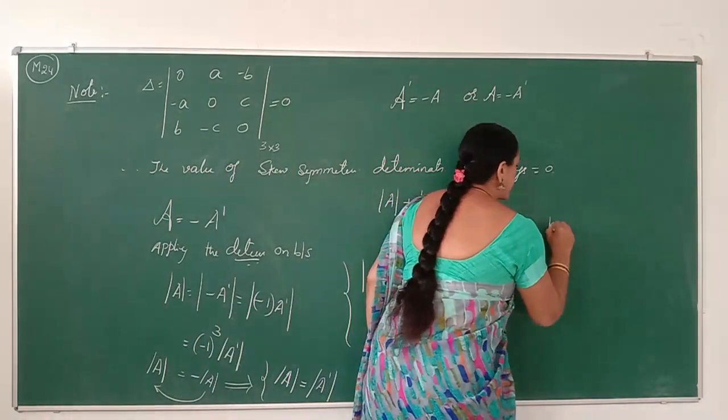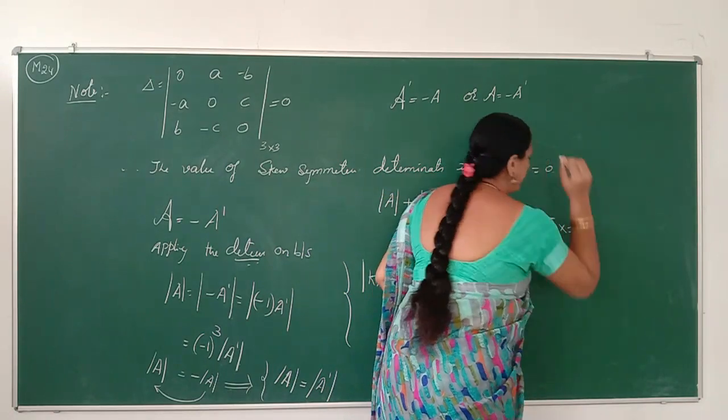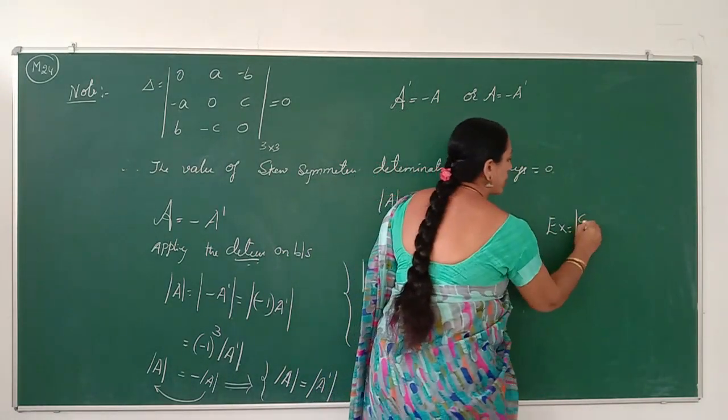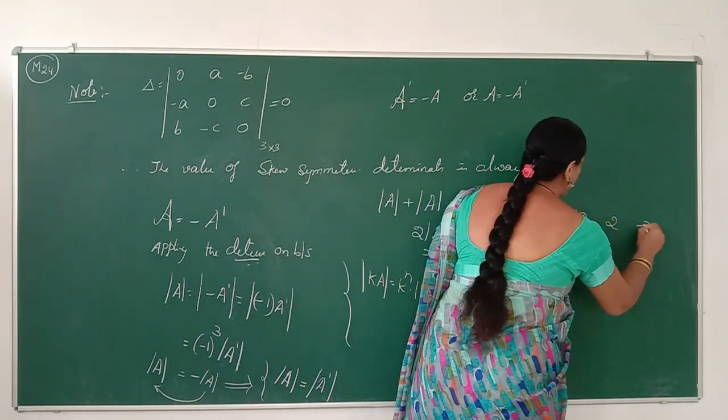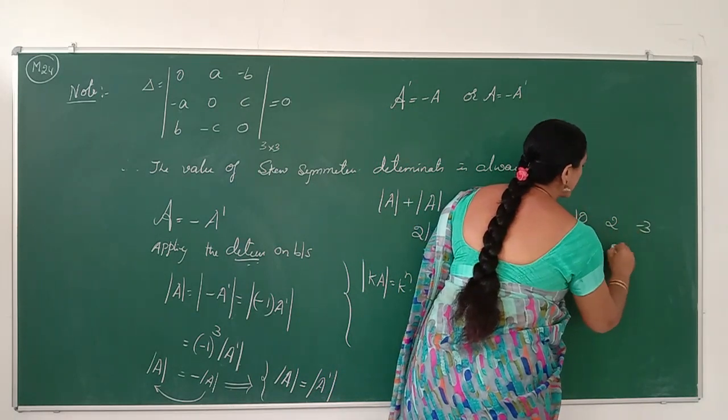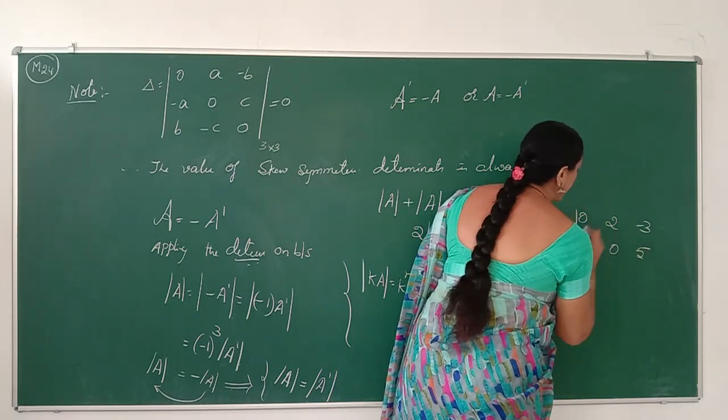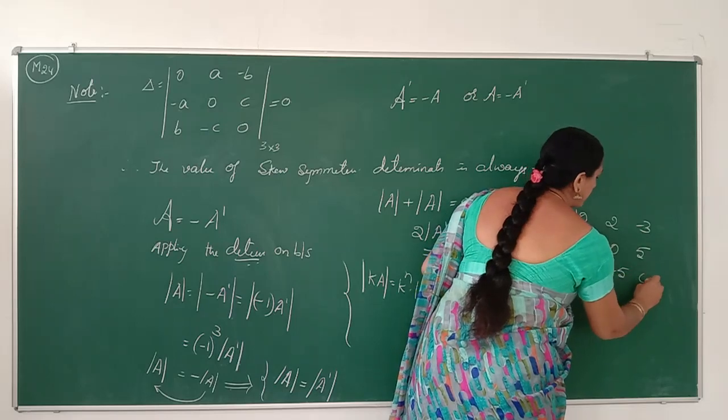Now an example for the determinant: 0, 2, minus 3, minus 2, 0, 5, 3, minus 5, 0.